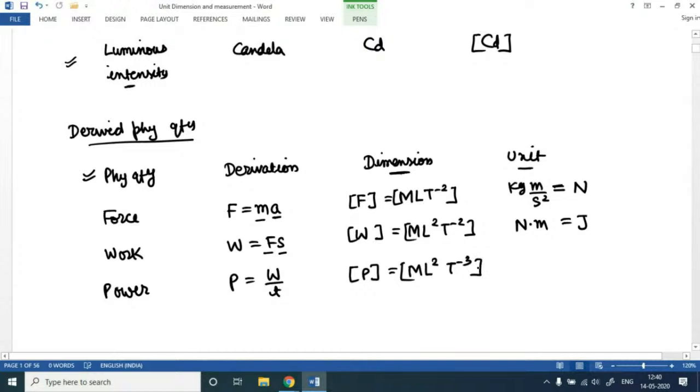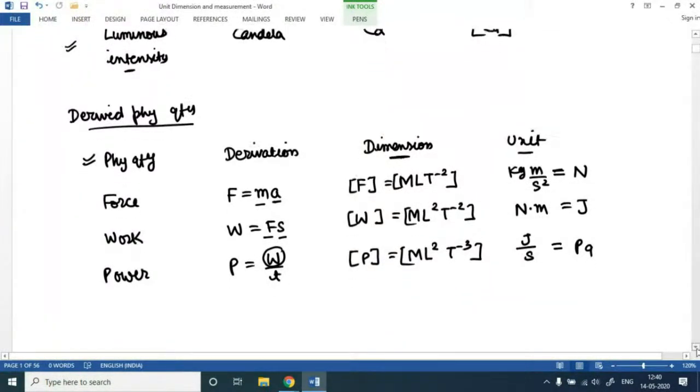And its unit, you must realize, the unit of work is joule, and unit of time is second, and joule per second is known as watt. Every physical quantity or every unit except the seven fundamental physical quantities can be said to be a derived physical quantity. So you can have their dimensions, you can have their units.